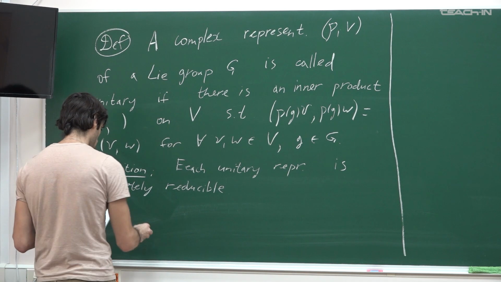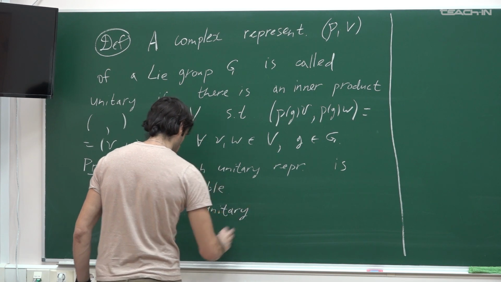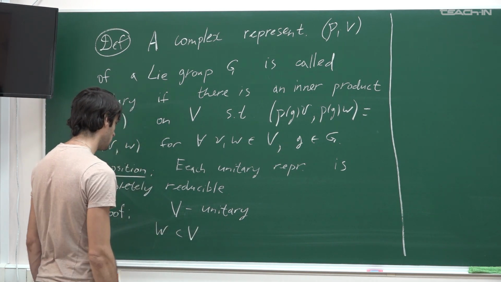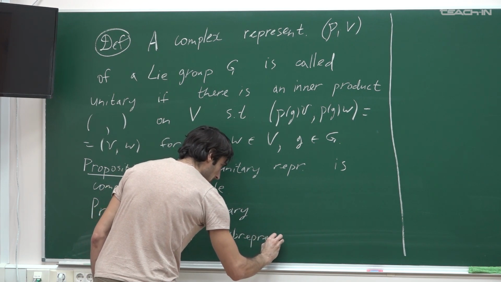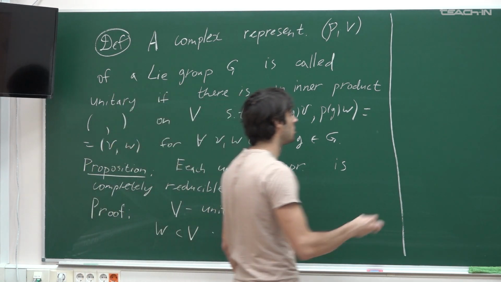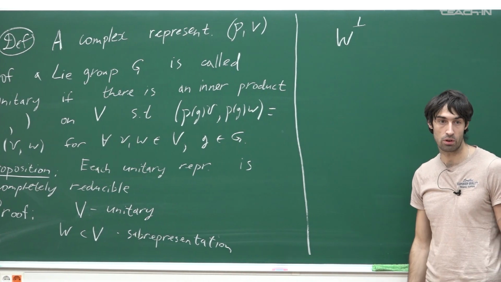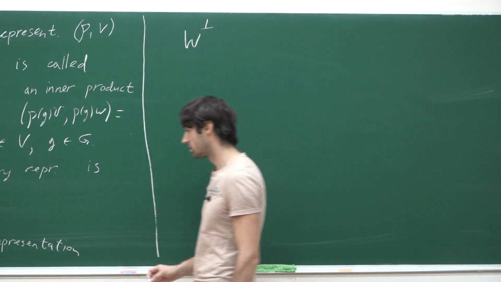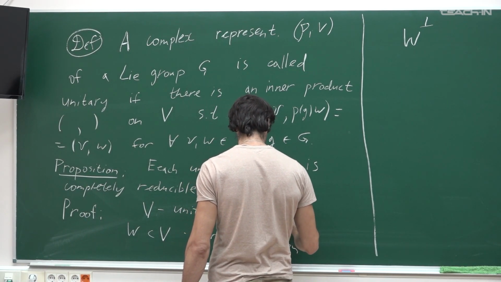Suppose that I have a unitary representation, and suppose that I have a subrepresentation W inside V. Then I consider the orthogonal complement with respect to the inner product that I have on V.